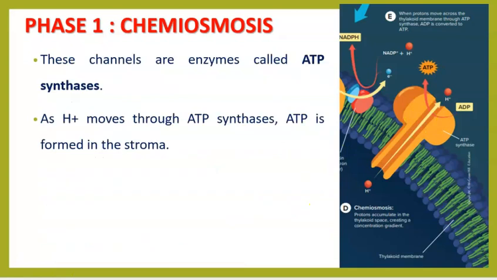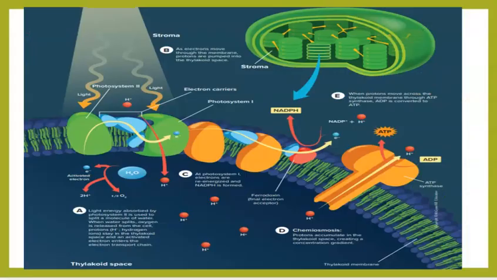The proton, or H plus, moves through these channels, these enzymes. When the H plus moves through this ATP synthase, they start making ATP. From ADP, this enzyme can make ATP by making use of H plus. So this is how you make ATP and NADPH from phase 1.